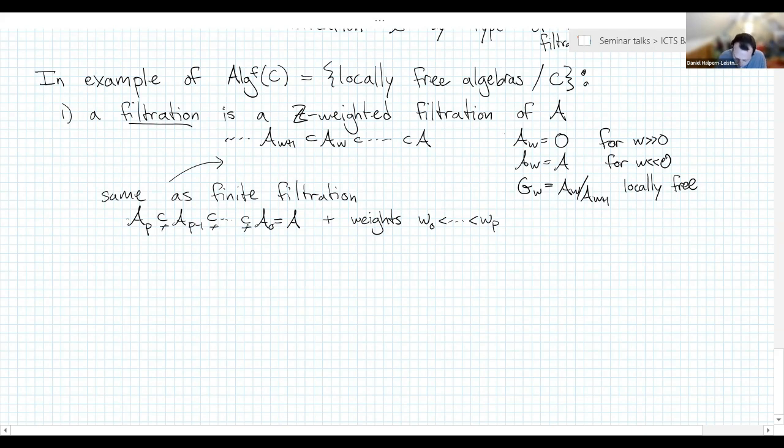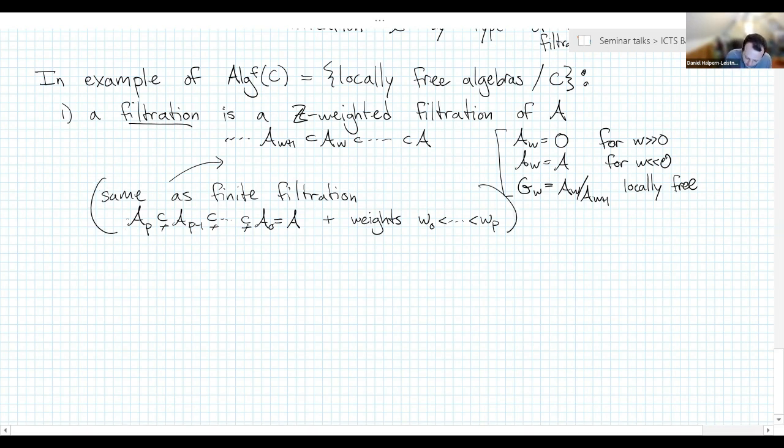Because of these conditions, this filtration is basically constant. So A_w is equal to A_{w+1} for all but finitely many values of w, and that's what these weights are recording. You just keep track of what the actual bundles are and the weights where the bundles jump. This is more of a parenthetical remark.